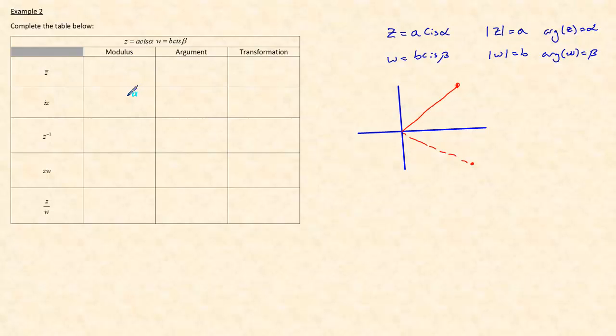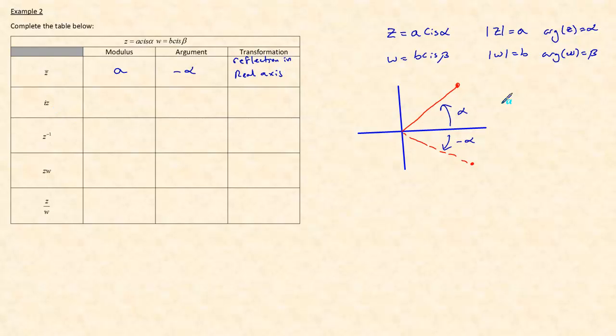So it's going to have the same modulus, it's going to be A, but the argument will be negative alpha. If this is alpha, then this is negative alpha. And the transformation we just discussed is a reflection in the real axis.